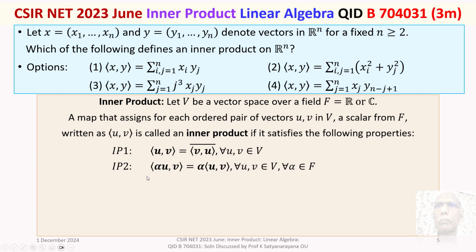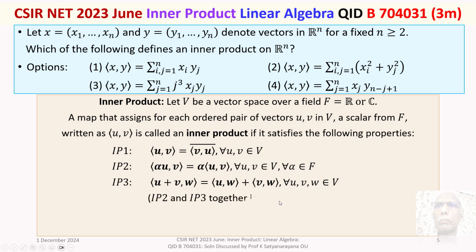IP2: the inner product of alpha u, v is equal to alpha times the inner product (u, v) for all u, v belonging to V and for all alpha belonging to F. This is called homogeneity. IP3, additivity: the inner product (u plus v, w) is equal to the bracket (u, w) plus the bracket (v, w) for all u, v, w belonging to V. This is additivity. IP2 and IP3 put together are called linearity in the first slot.